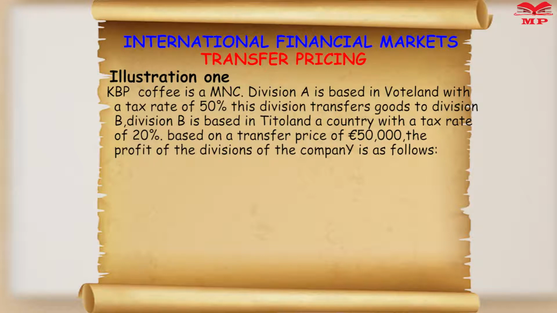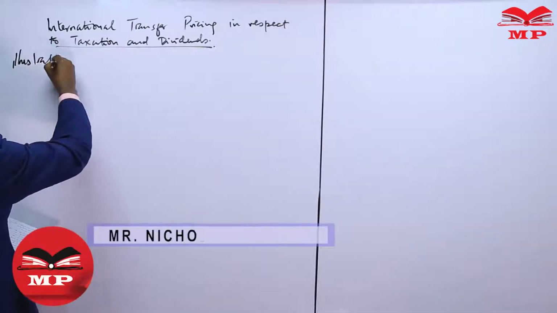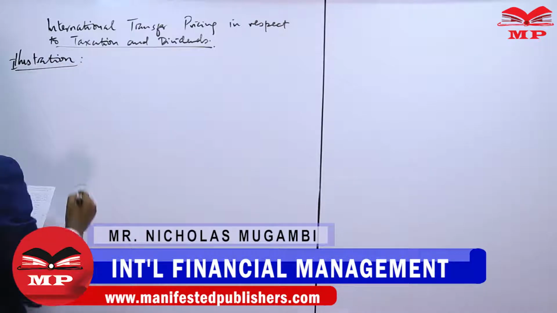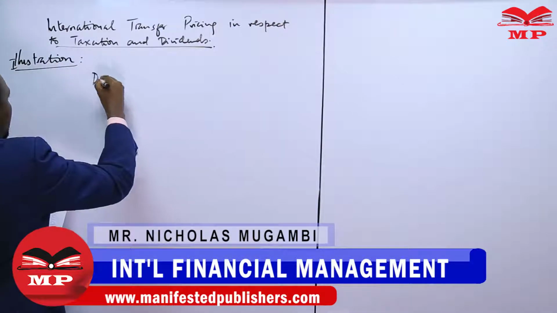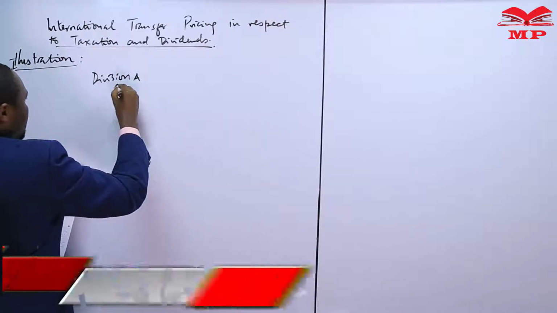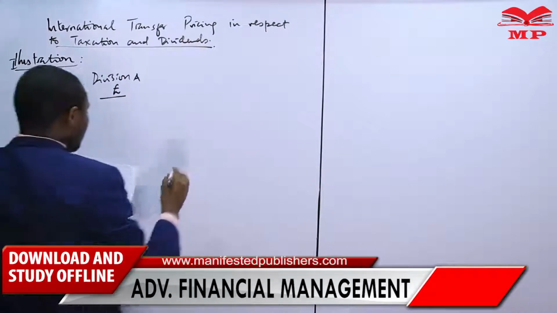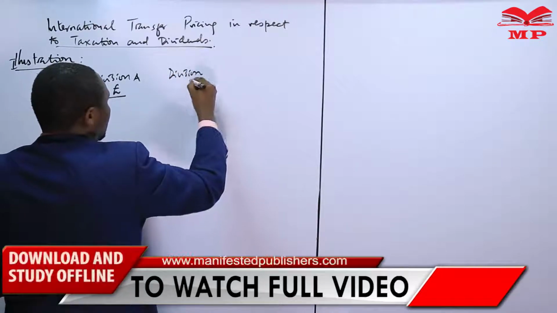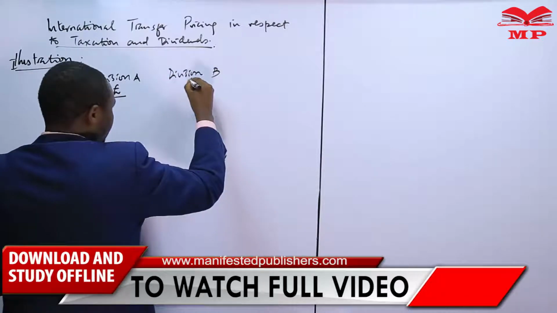So we are saying here with an illustration, we have Division A and the pounds, Division B, and the pounds.